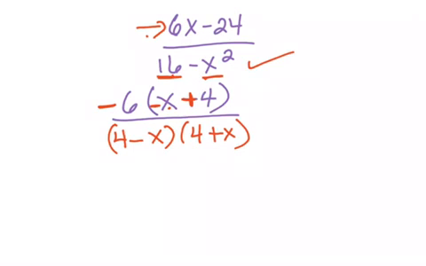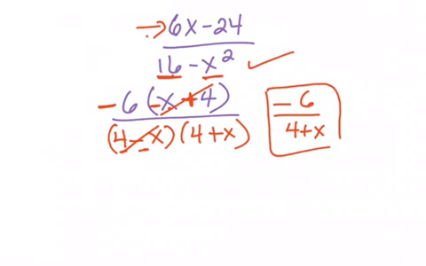And where do you see a negative x and a positive 4? Right here. So these two things cancel out. What do I have left? I have a negative 6 over 4 plus x. That's my answer. I could have said negative 6 over x plus 4. Either way, doesn't matter.